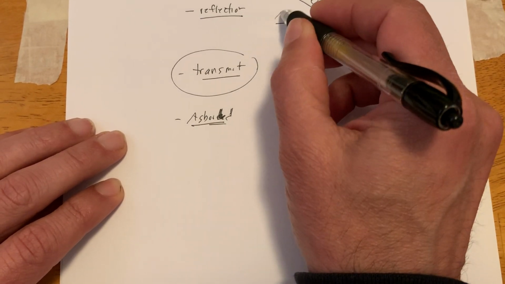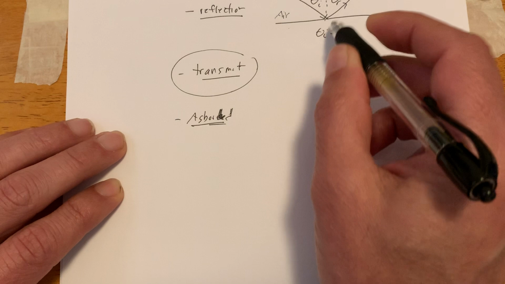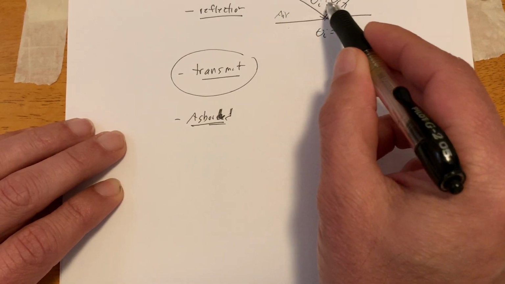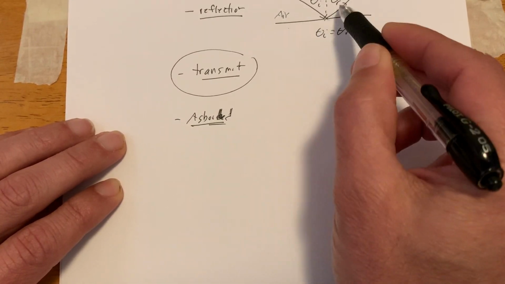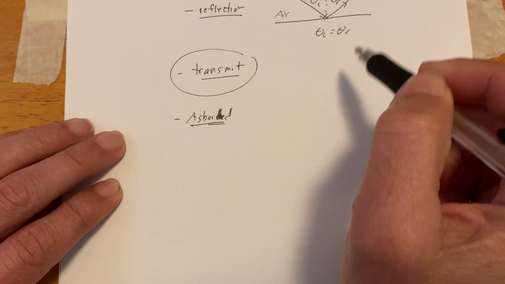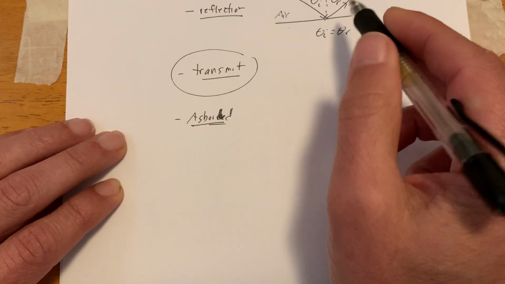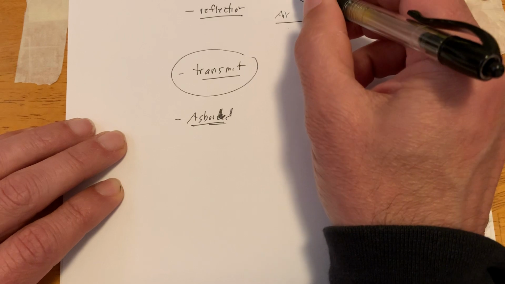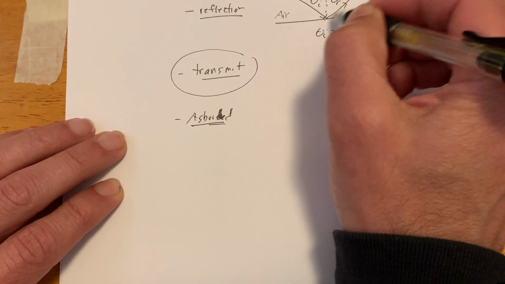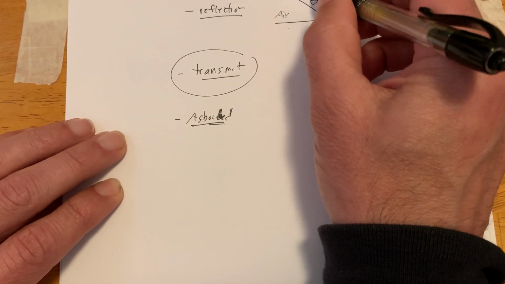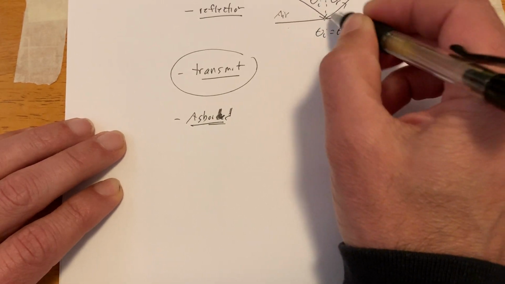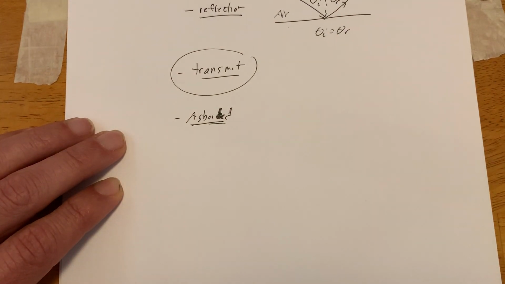Let's say that the medium above the mirror is air. The light ray comes in with the speed of c, which is 3 times 10 to the 8th meters per second, hits this, and bounces off at c.